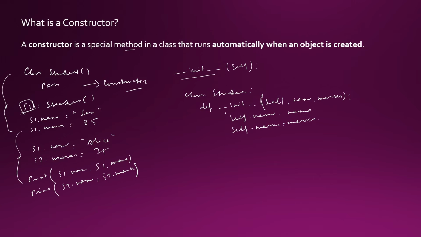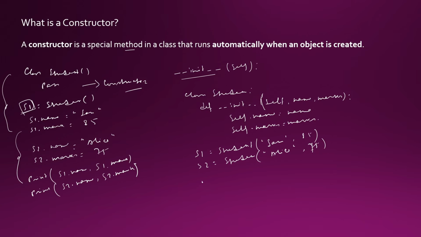So my class is ready and my constructor is ready. Now I'm creating my object s1, calling Student, and here I can pass my data directly, that is sam and 85. Again I can create my s2 object, calling Student and passing my data directly, lis and 75.